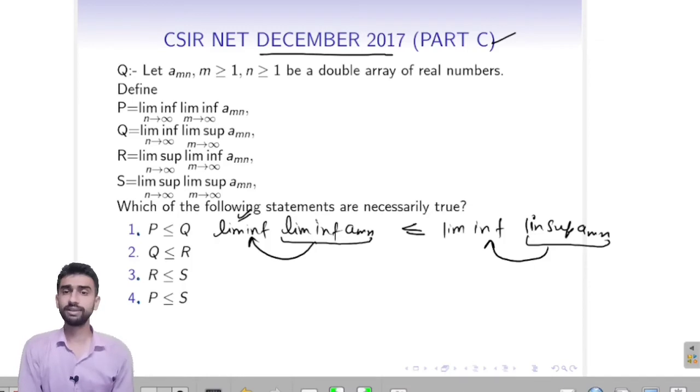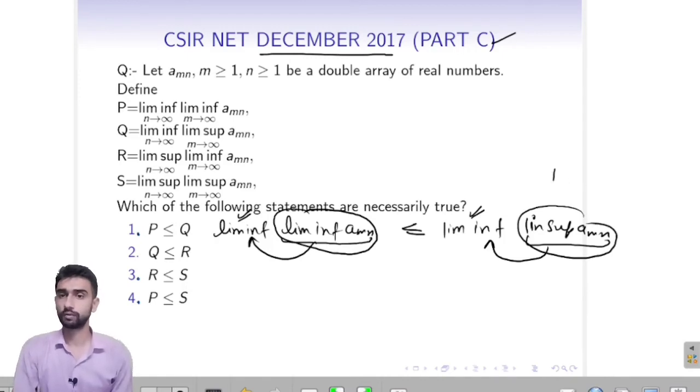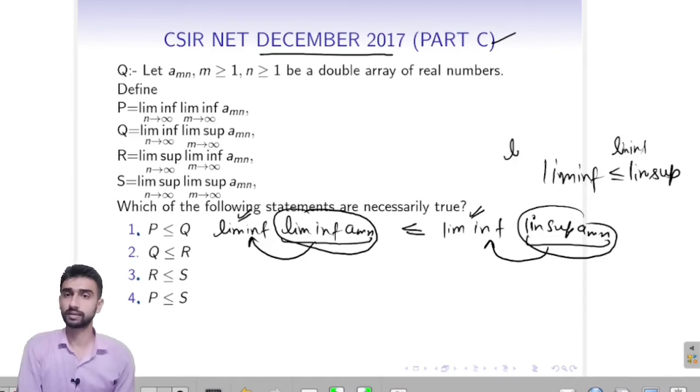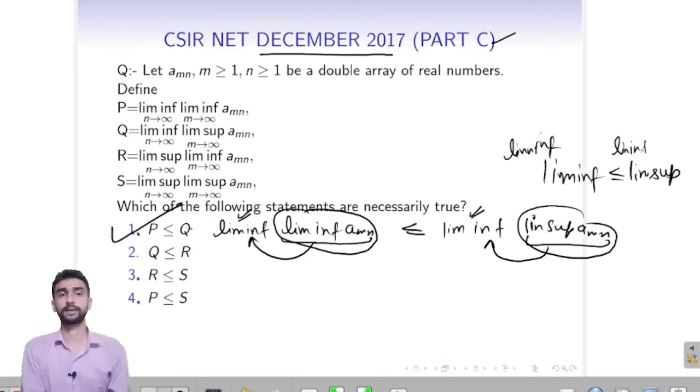You can see the second level is the same, LimInf, so it does the same operation for these things. Now we know that the LimInf of anything is less than or equal to its LimSup. So if on both sides you just take the LimInf of the final thing, the inequality remains the same. So that's why the first option is correct.